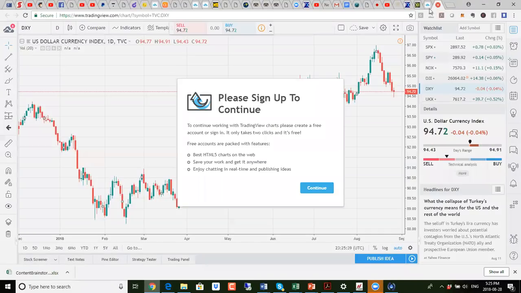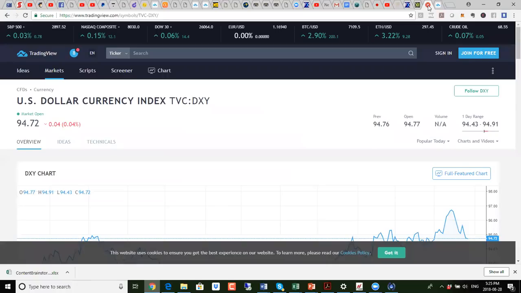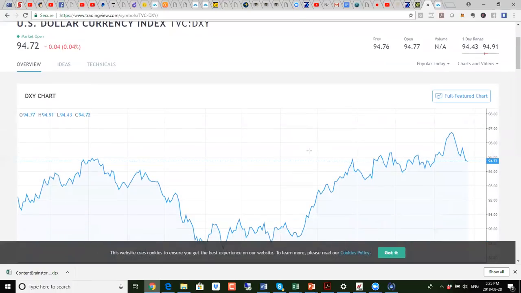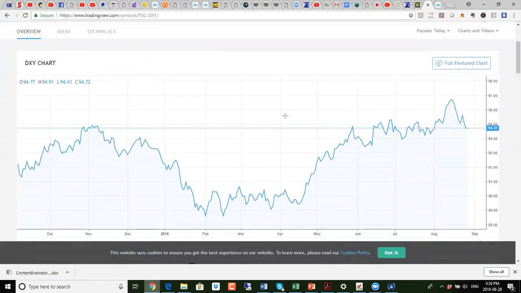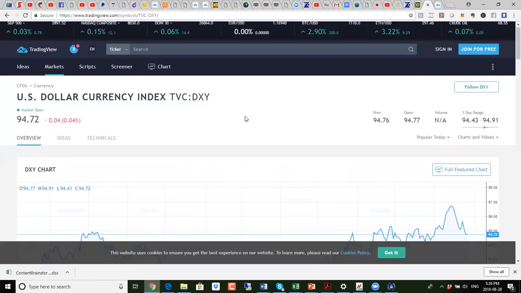And let's have a quick peek at TradingView here. Oh, here's the dollar index. So we'll have a quick peek at the dollar index here.